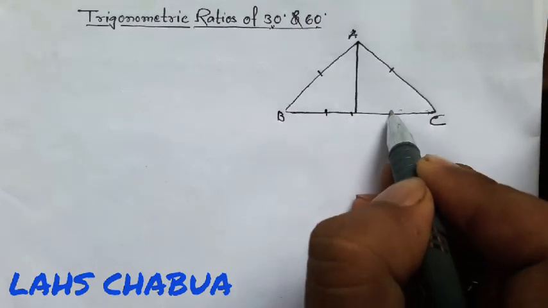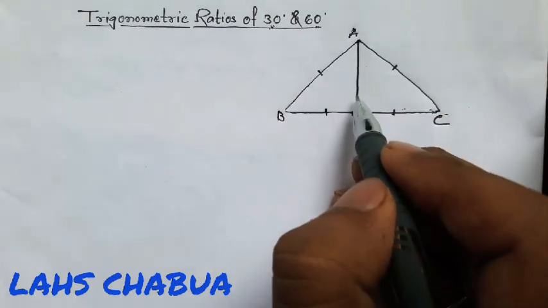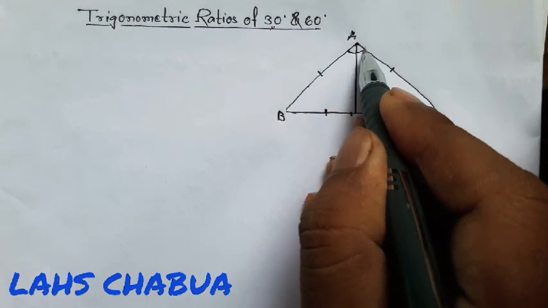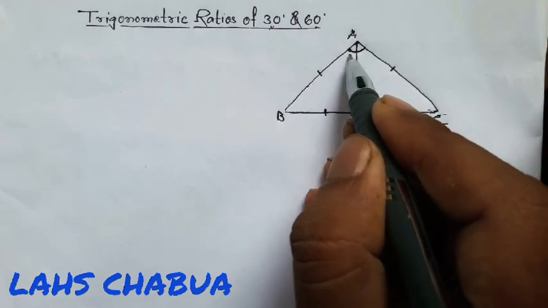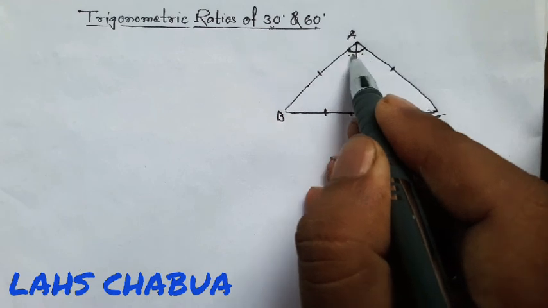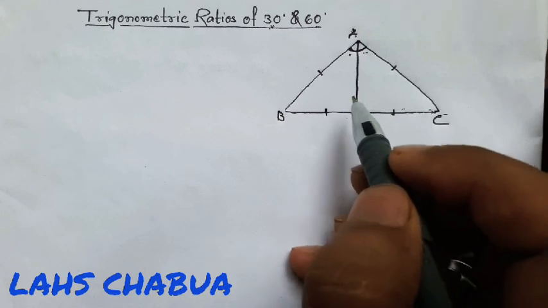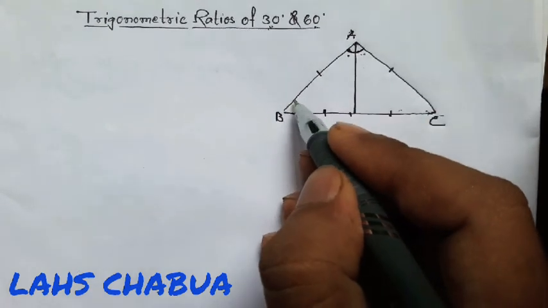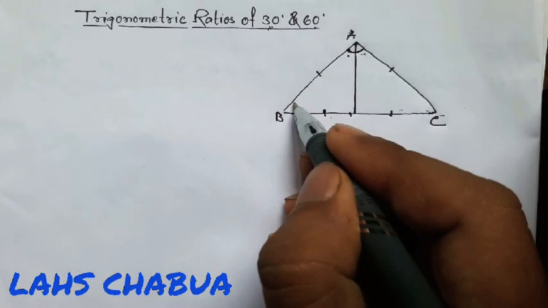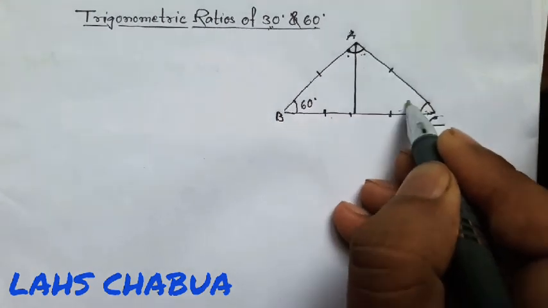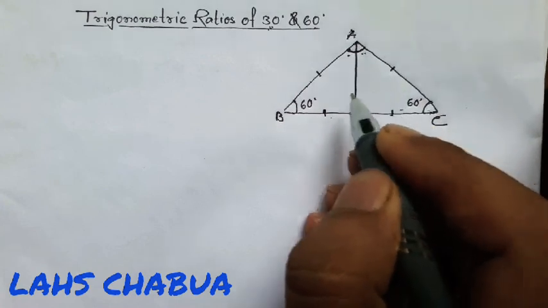This part will be equal to this, and at the same time the perpendicular also bisects the angle. This angle will get bisected, that means each part will be equal. So this is our right angle triangle, but remember this is an equilateral triangle, having all sides equal and each angle 60 degree.